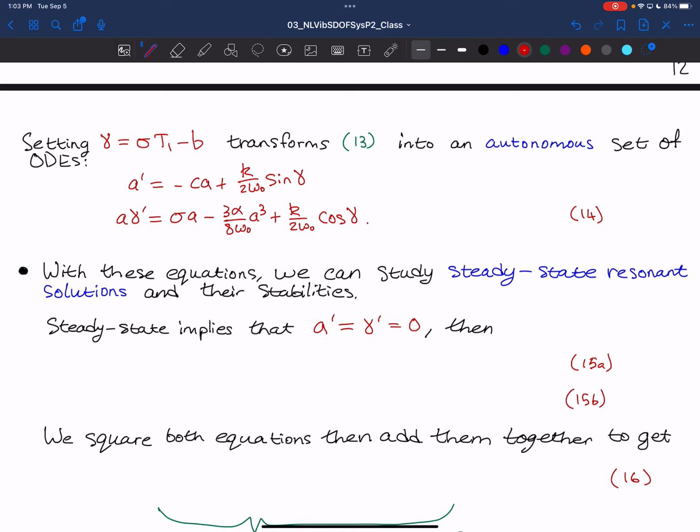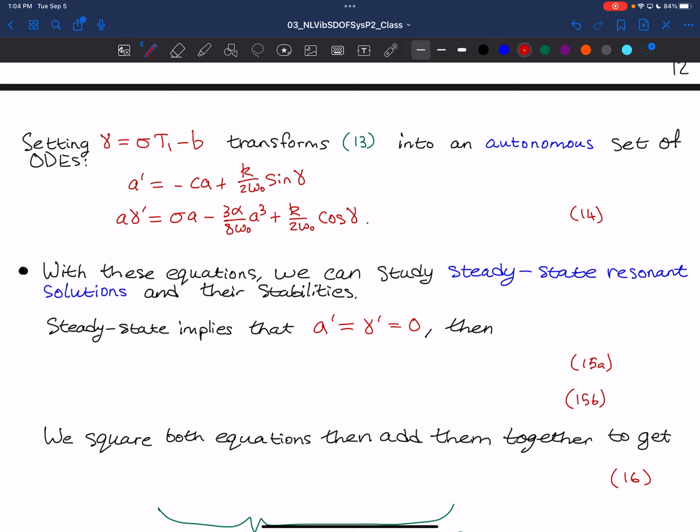From here, we're going to study steady state response or steady state resonance solutions, and that then implies that the amplitude is not changing with time, at least that slow modulation is not.